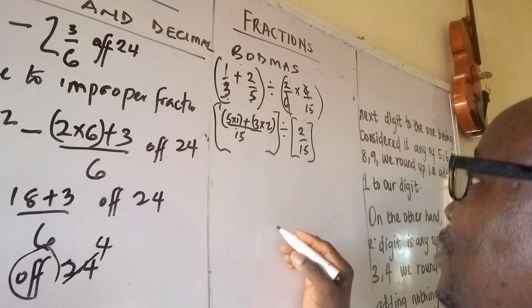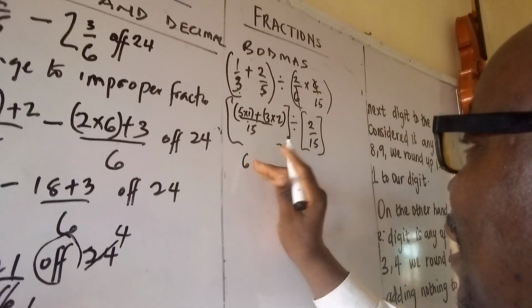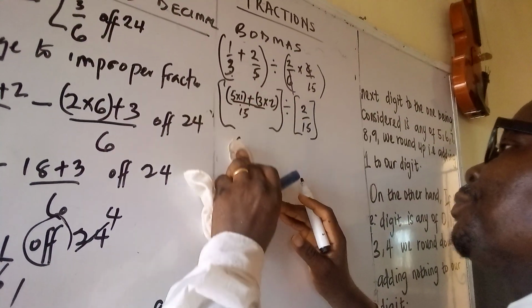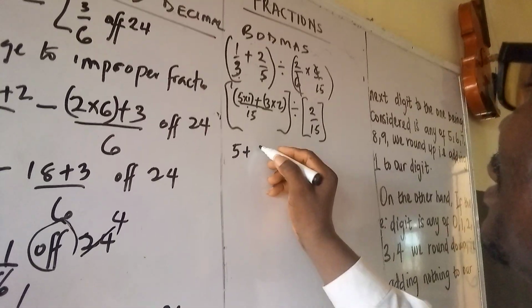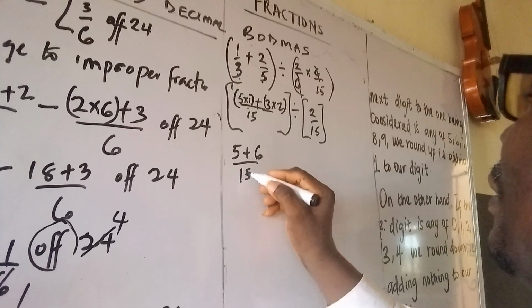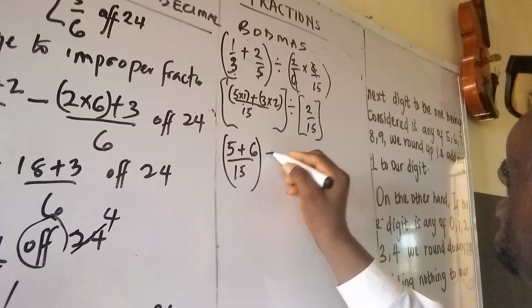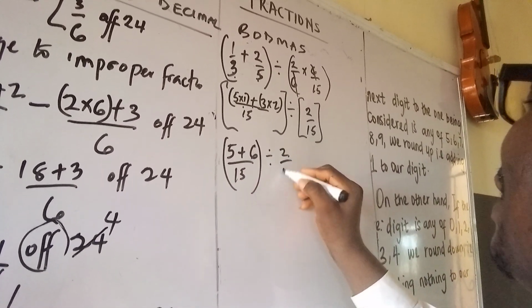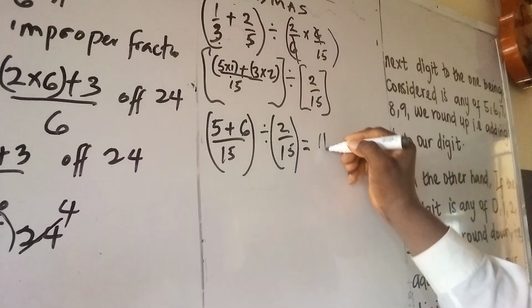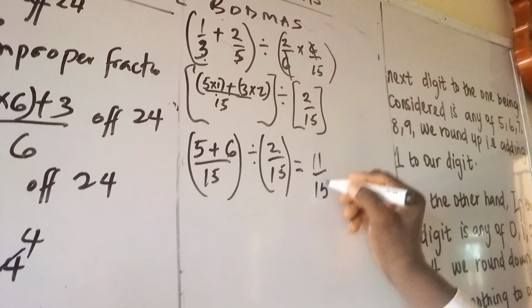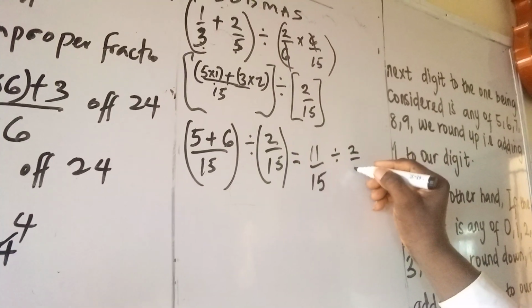Is that taken? So if I continue, this will be 5 times 1, 5, plus 2 times 3 is 6, all over 15, divided by 2 over 15. Okay, that is equal to 11 over 15 divided by 2 over 15.